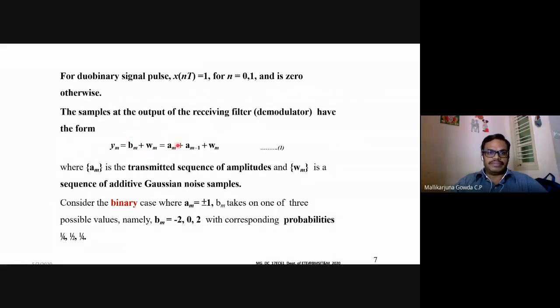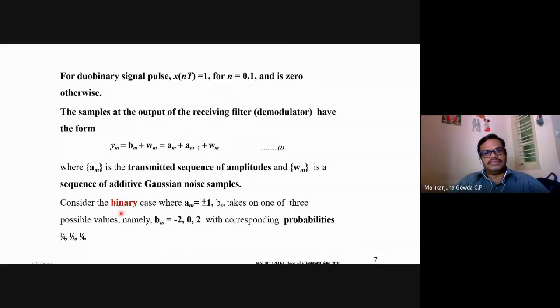Here a m is the transmitted sequence of amplitudes. a m is the present pulse and a m minus 1 is the previous pulse, so present and previous is the controlled ISI. So b m is replaced by a m plus a m minus 1, and w m is the noise sequence.